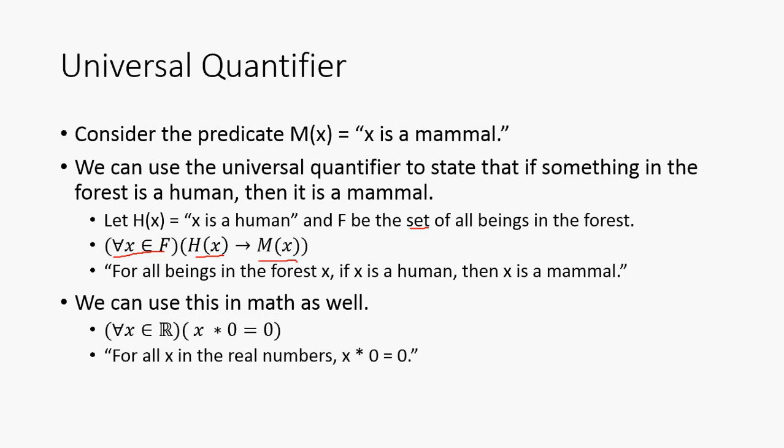So this translates directly into English as for all beings in the forest x, if x is a human, then x is a mammal. Now we can do things mathematically with this type of notation as well, which is typically what we're going to be using it for. So for all x in the real numbers, x times 0 is equivalent to 0, is how this reads, as you can see right down there.